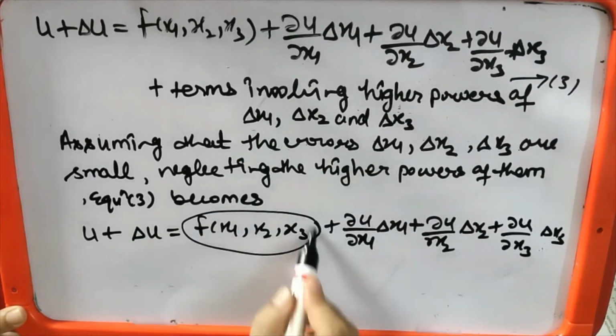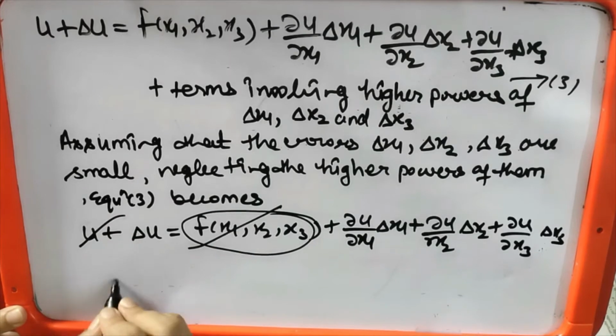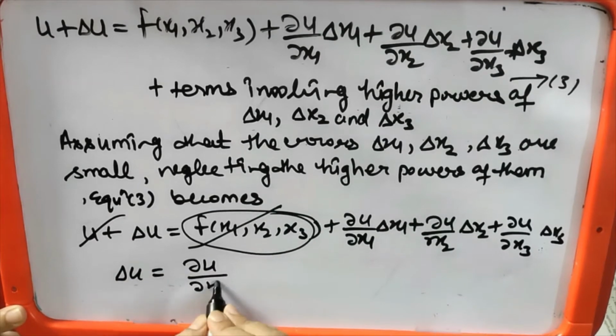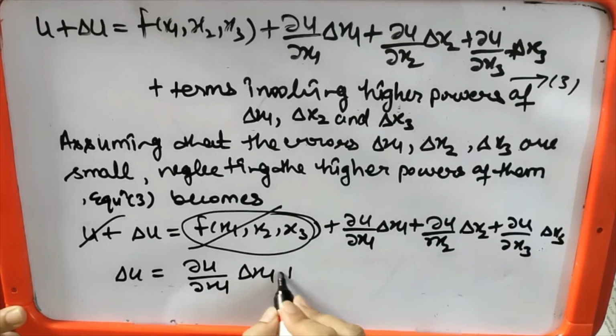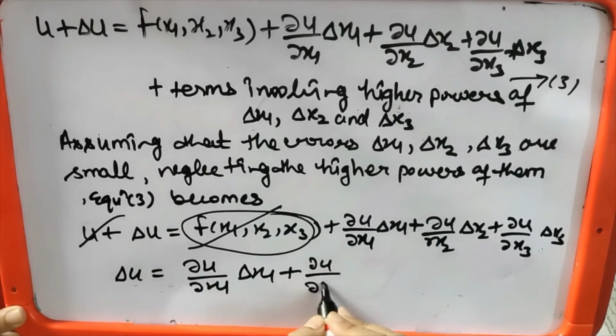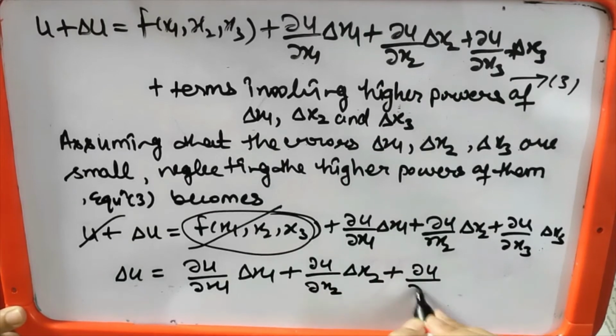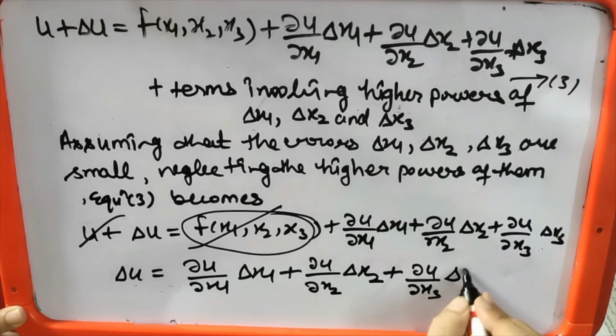This is the value of u, this will be cancelled, then we get this, our equation number 4.